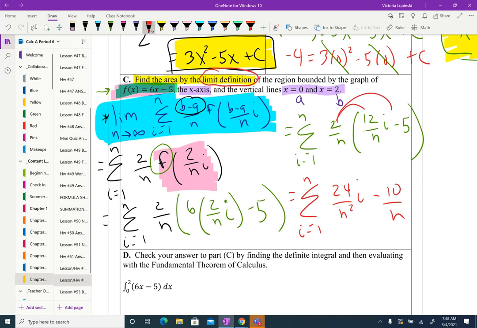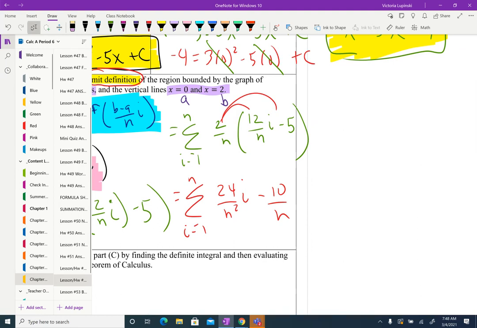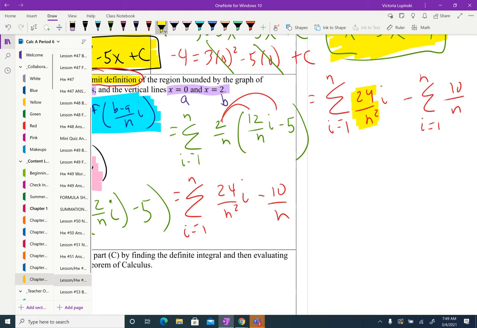Okay, so now I'm going to split this. So I'm going to split this into the sum from 1 to n of 24 over n squared i minus the sum from 1 to n of 10 over n. You're always allowed to split it. Then in the next step, you want to factor out the constants. So the constant from the first value is 24 over n squared.